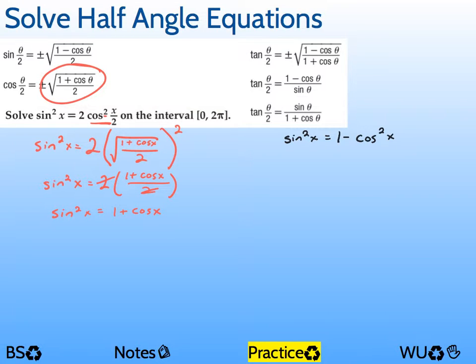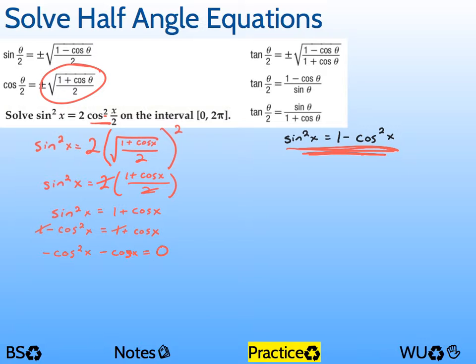It's important to remember now that sine squared of x also equals 1 minus cosine squared of x, which is a Pythagorean identity. So I'm going to substitute it here. Now if we subtract the entire right side and move it over to the left side, what's happening is the 1's are going to cancel out, and you're going to be left with negative cosine squared x minus cosine of x equals 0.